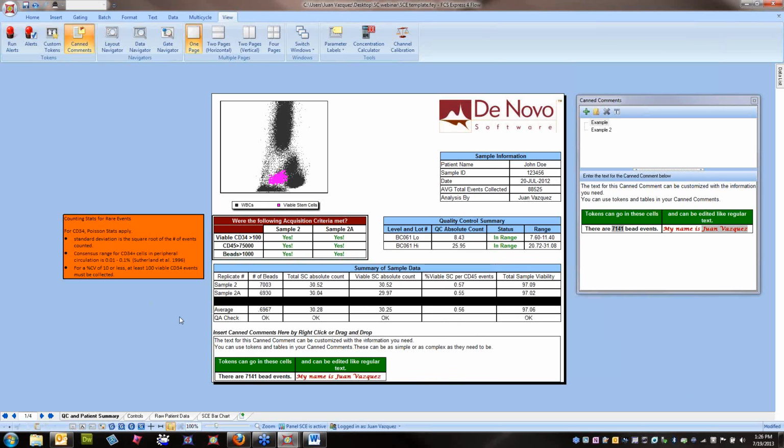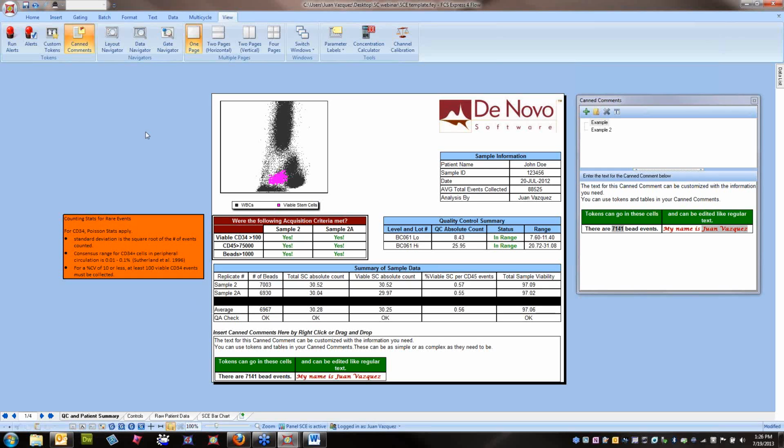Specifically on this page, I'd like to focus on the fact that CD34 overall is a rare event. Because it's a rare event, it's important that we apply Poisson stats to this type of analysis. In other words, the standard deviation is the square root of the number of events counted.